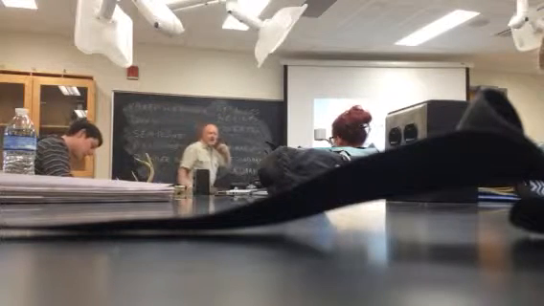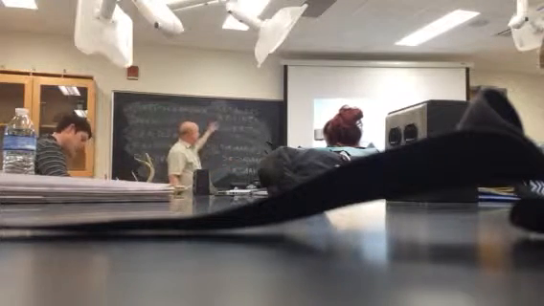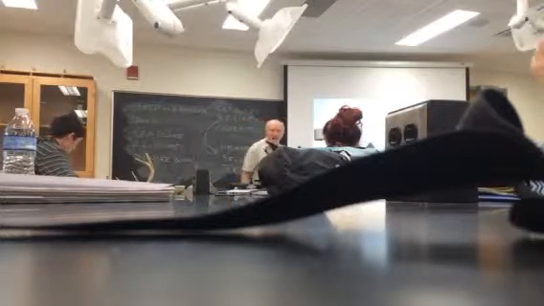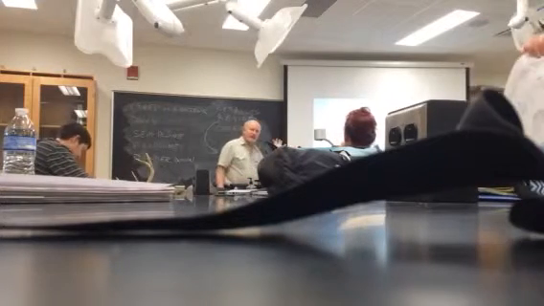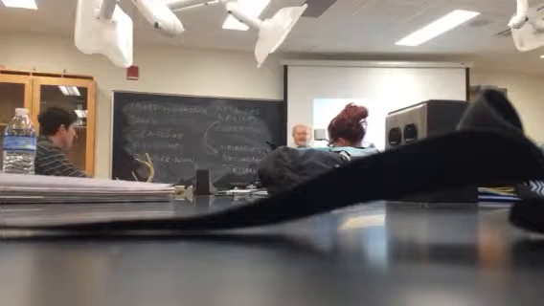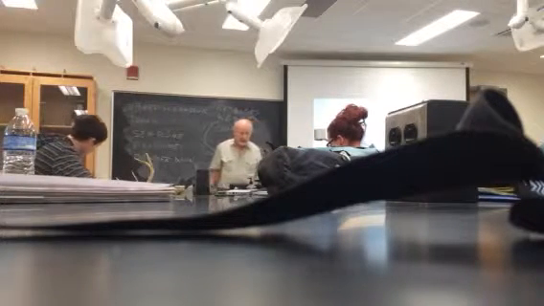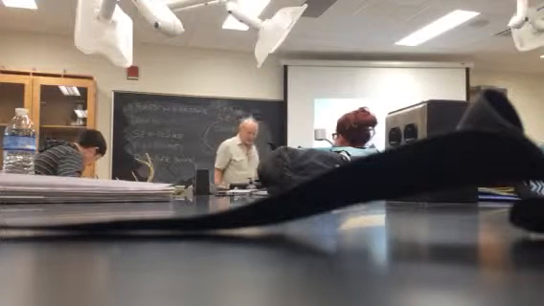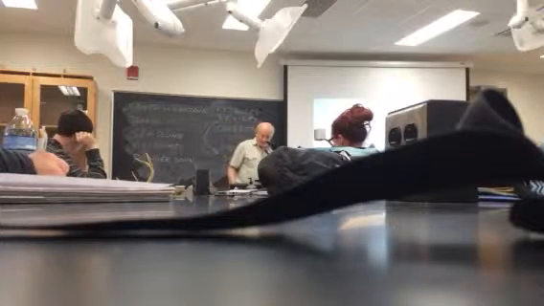So the retrices are the tail feathers, the remiges are the wing feathers. The wing feathers can be primaries, secondaries, and tertiaries, just depending upon what part of the wing they're coming off. So it's going to be from the outer to the inner. The primaries are coming off the hand, the secondaries off the forearm, and the tertiaries then off the upper arm. So we have tail, we have the wing, and then we have coverts.